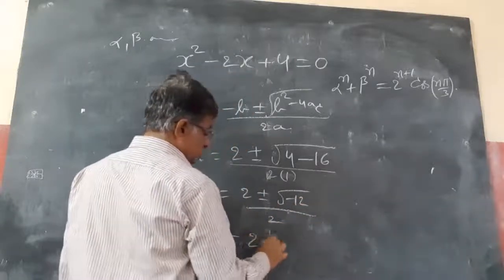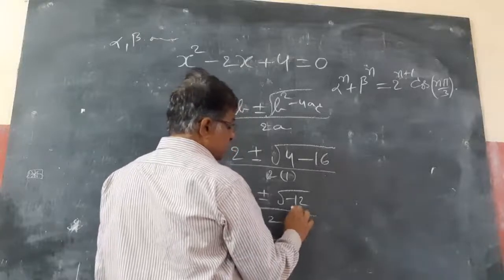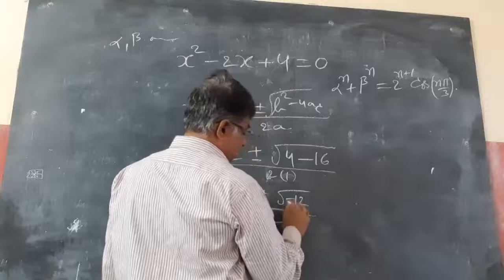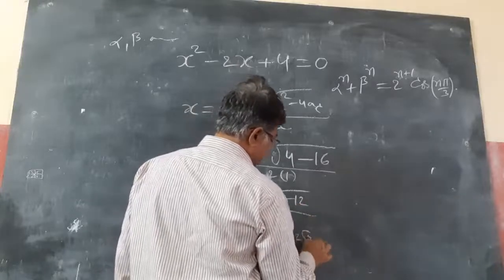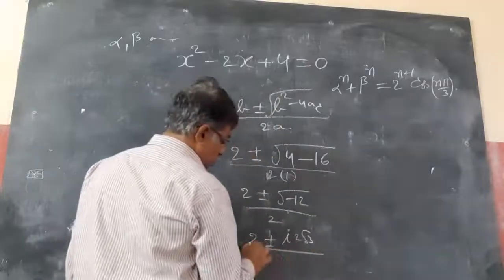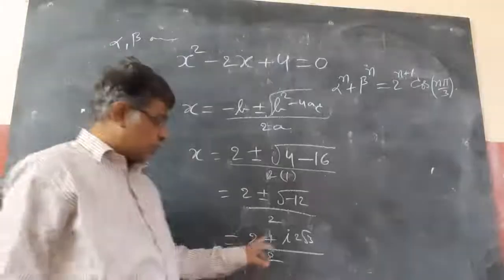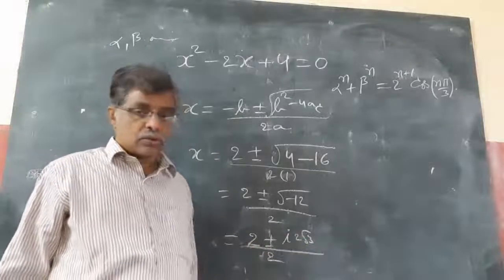So this is equal to 2 plus or minus, 12 is 4 into 3, and root of minus 1 is i, so i into 2 root 3 by 2. Now alpha is 2 plus i into 2 root 3 by 2. Beta is 2 minus i into 2 root 3 by 2.